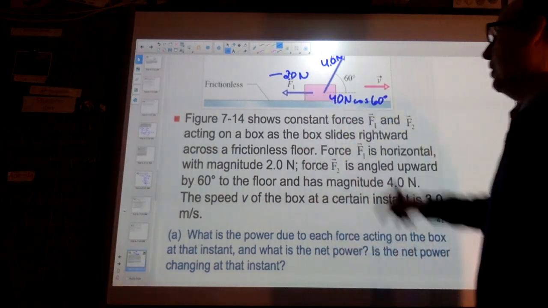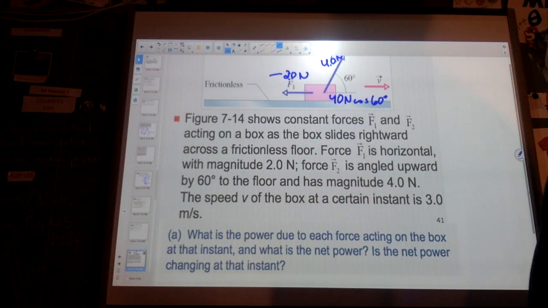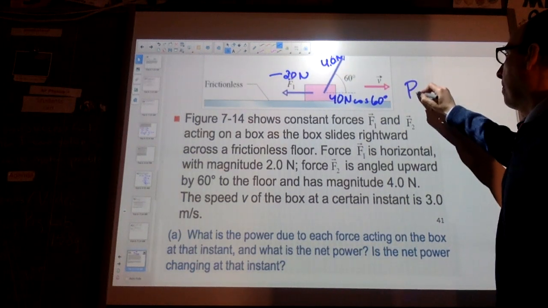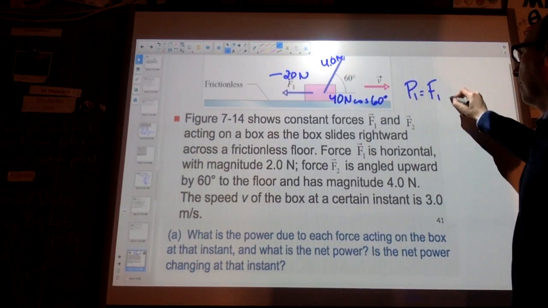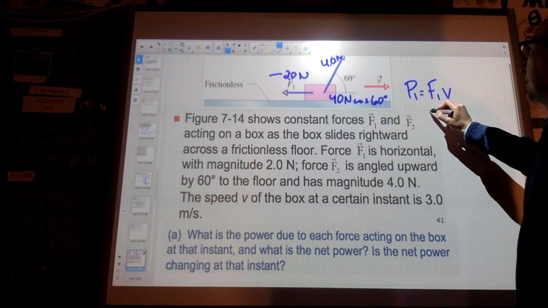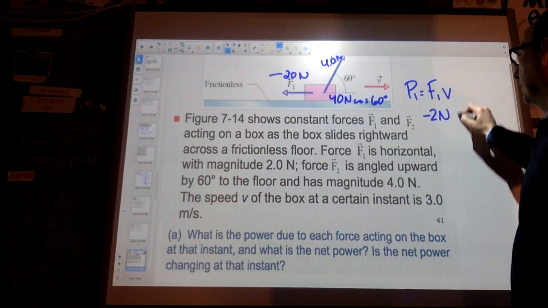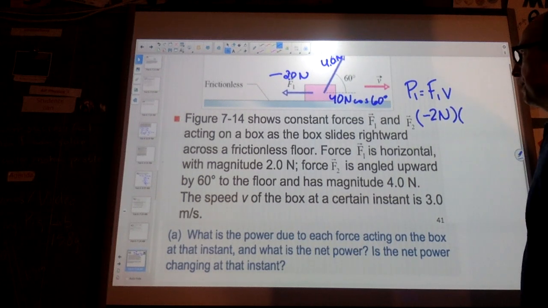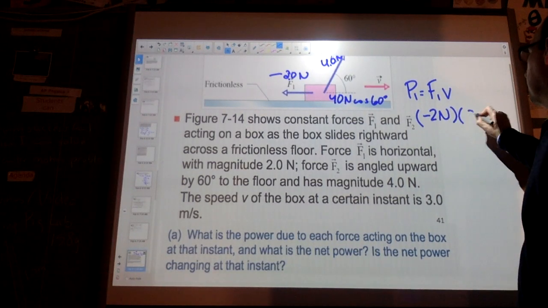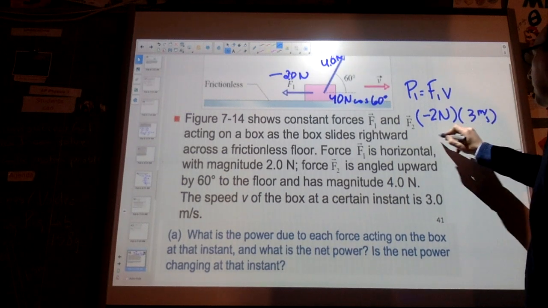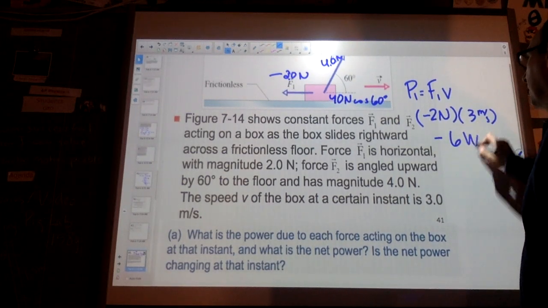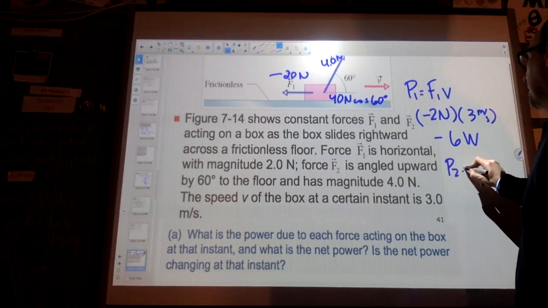P1, for F1, is going to be negative 2 newtons times 3 meters per second, which would be negative 6 watts.